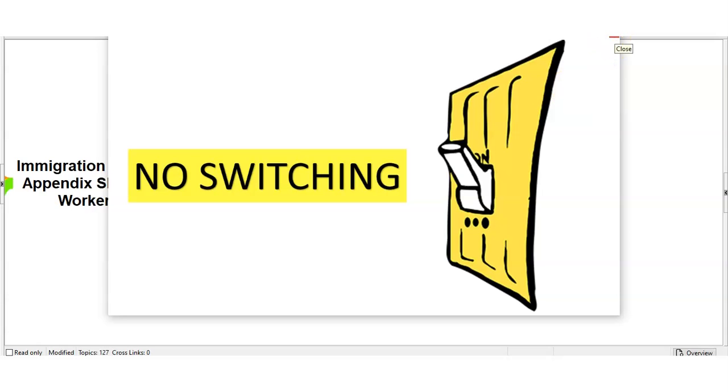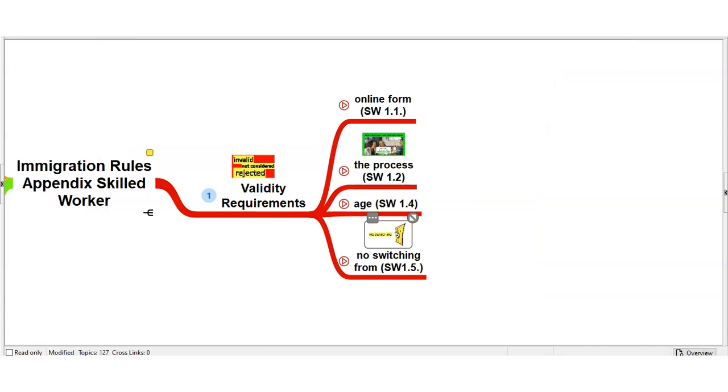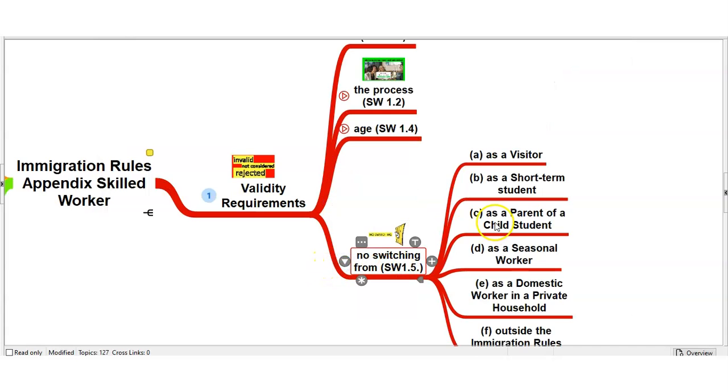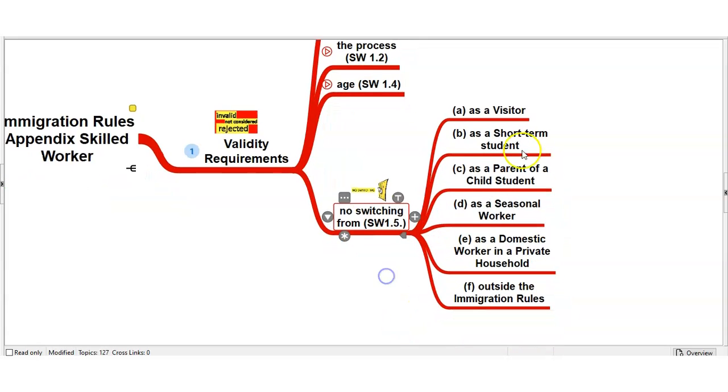There are certain immigration categories where you will not be allowed to switch when you are already in the UK. And these are as follows. First of all, you will not be allowed to switch if you are here as a visitor, or as a short-term student, or as a parent of a child student, or as a seasonal worker, or as a domestic worker in a private household, or if you are here outside the immigration rules.